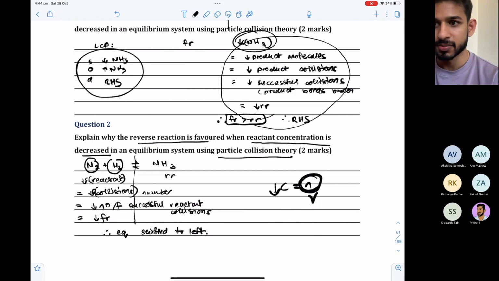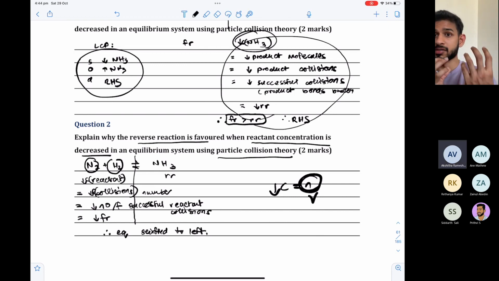Does that make sense? Yeah. So as a result, there'll be less nitrogen and hydrogen colliding. And so what does that mean for the forward reaction? If there's less nitrogen and hydrogen successfully colliding to form ammonia... Remember, forward reaction is nitrogen and hydrogen colliding. So if there's less of them colliding, what does that do to the forward reaction?